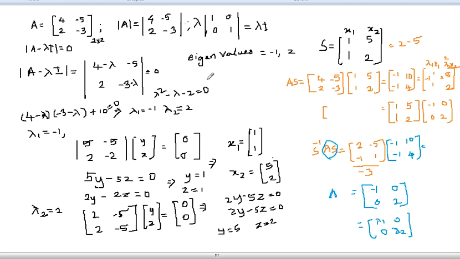Means to diagonalize, what we have to do is find the eigenvalues, then eigenvectors, then form a matrix of eigenvectors and find its inverse also. Multiply A with this S and this S inverse.